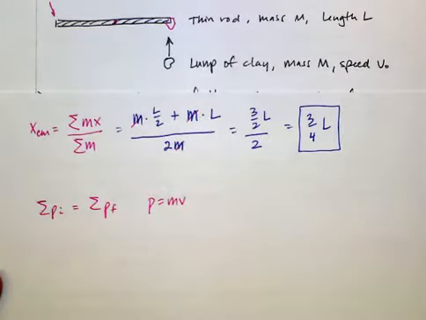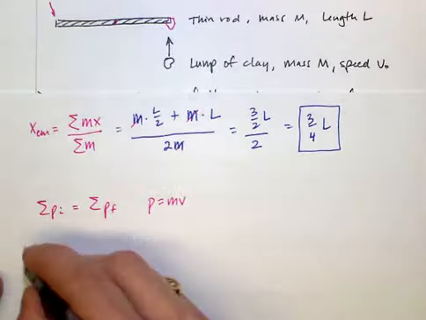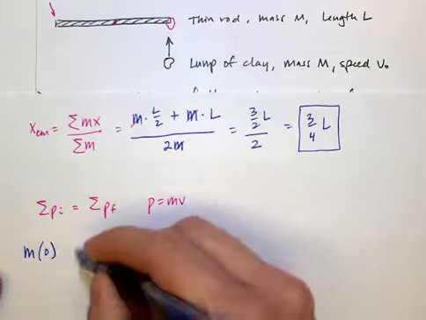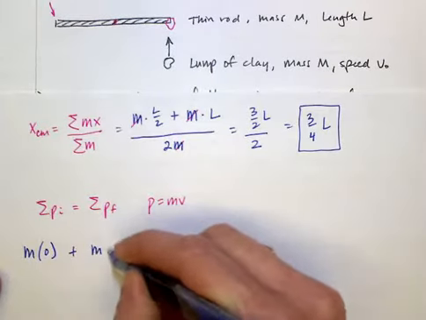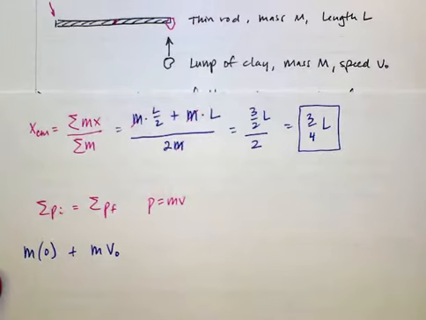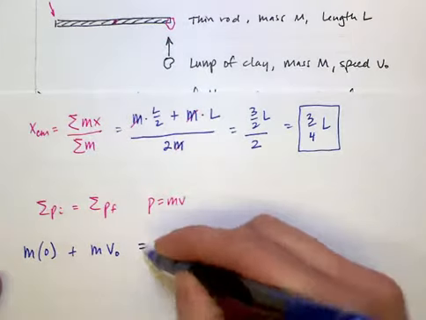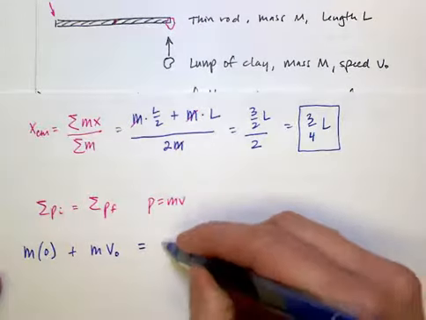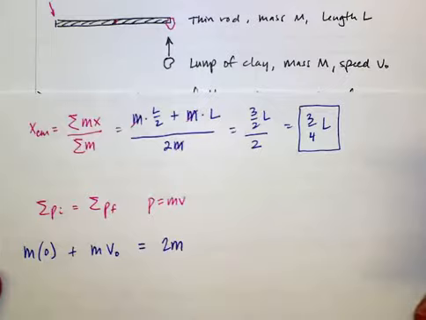The stick is not moving at all, so that mass has 0 velocity and therefore 0 momentum to begin. And the lump of clay is moving at an initial speed of v sub o, upwards. After it sticks to the rod, we will have a mass of 2m moving at some unknown velocity, which we'll call v.